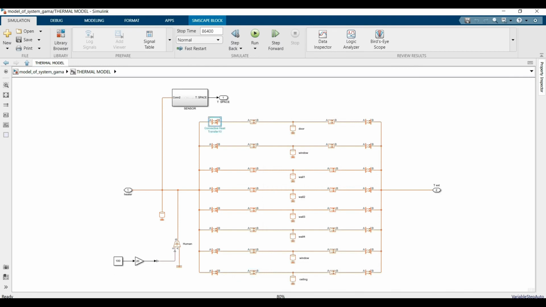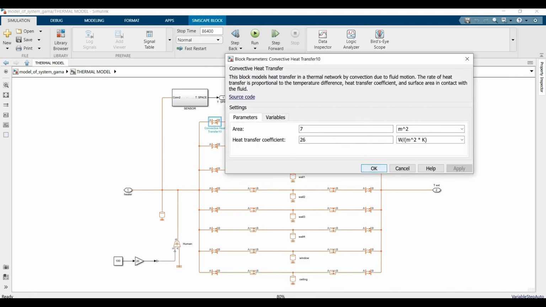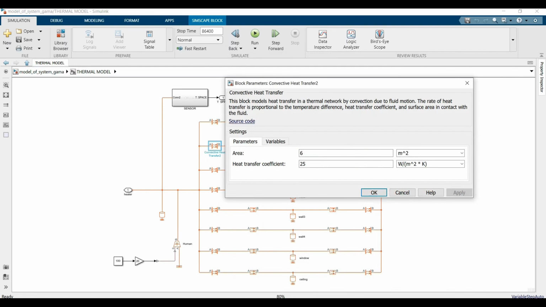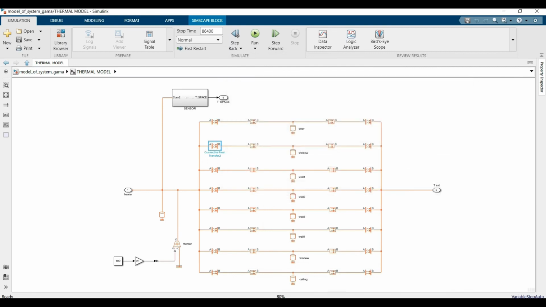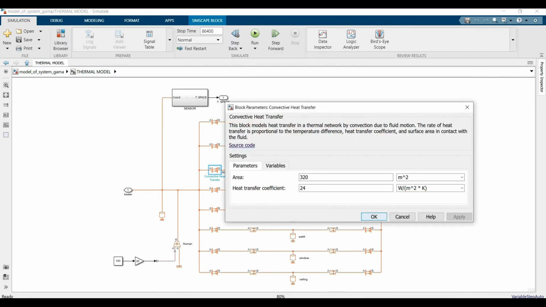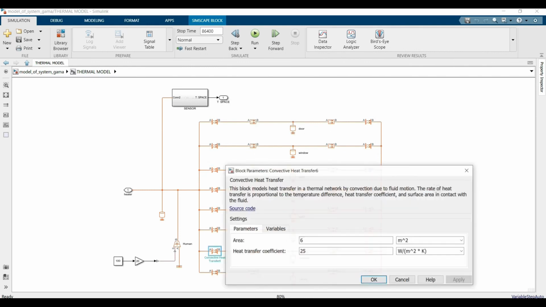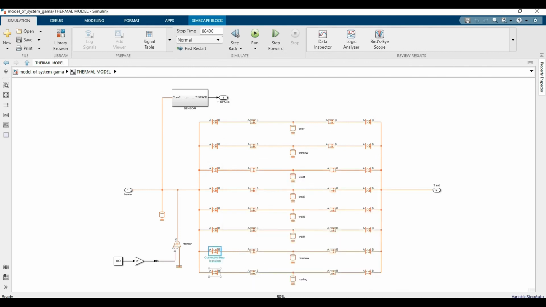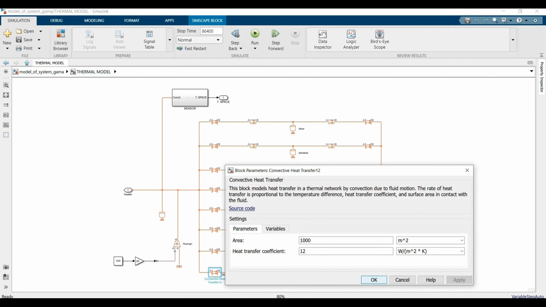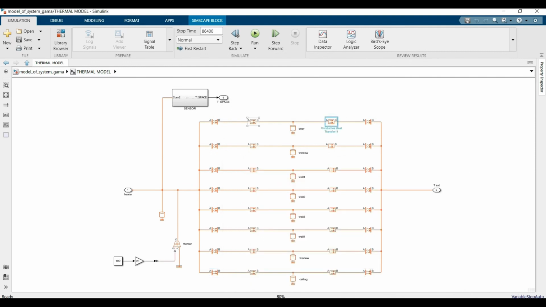For convective we have these: window, wall, window and ceiling. They are the same, so I don't show them again.